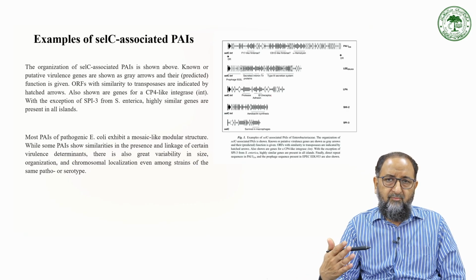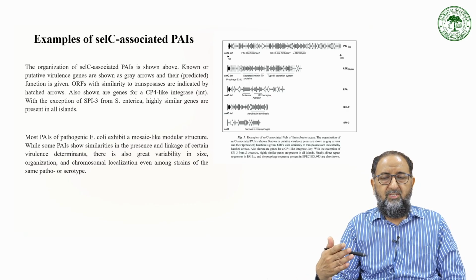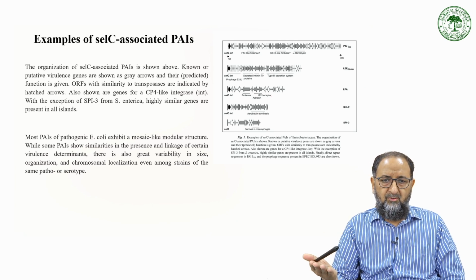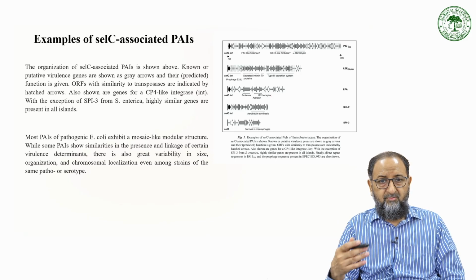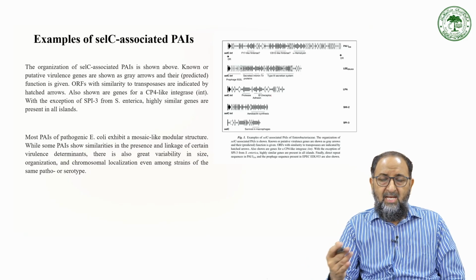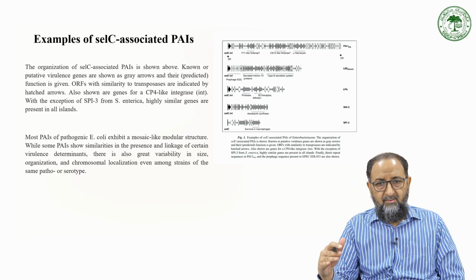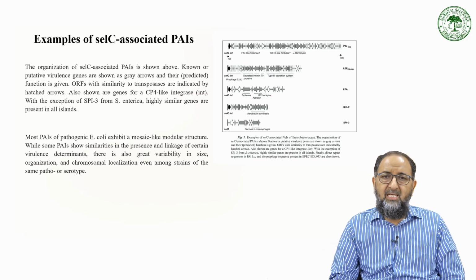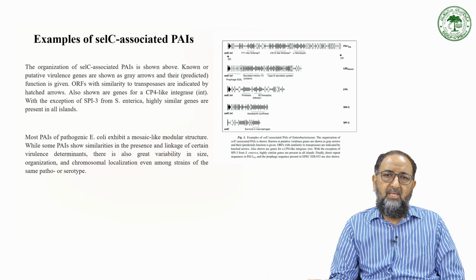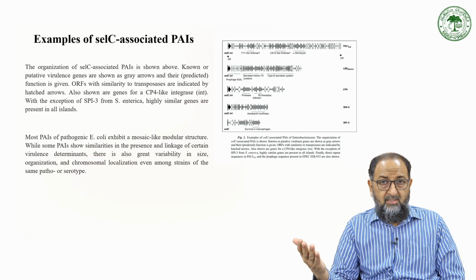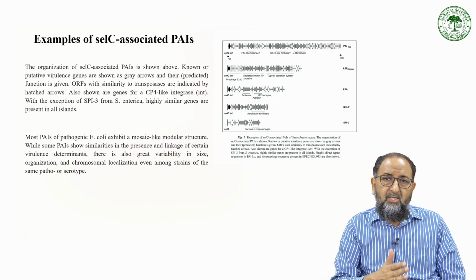There are certain virulence determinants which determine the virulence factors or their expression in the bacteria, and they also allow the mobility of these virulence factors from one bacteria to another, right? And this may also cause variability among a population of bacteria. Variability here means, suppose you have an E. coli strain, and a single E. coli strain may vary from other E. coli strains, right? It is because of the mobility of certain islands or certain genes of those islands.